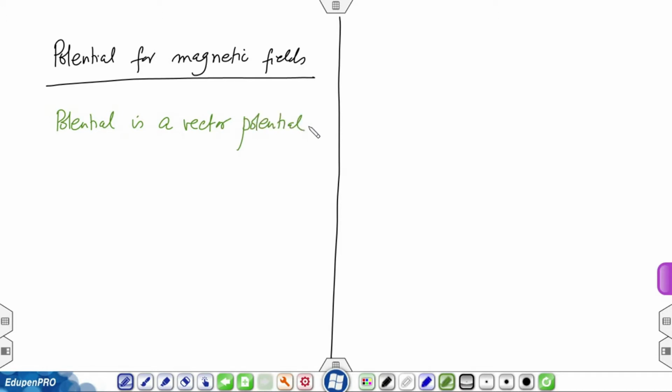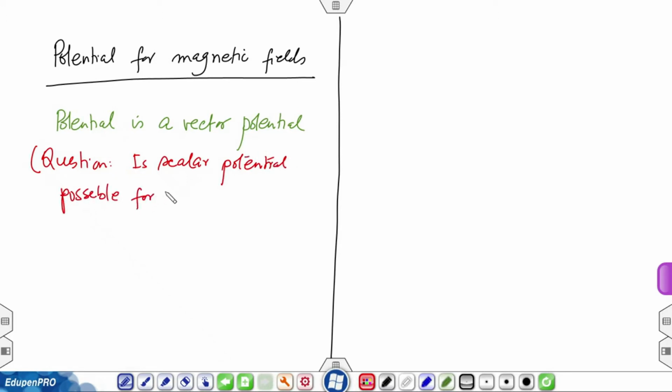We will still leave the question open: is a scalar potential possible for magnetic fields also? I am leaving this question open right now, but vector potential we can certainly work with, and for this I am going to make use of Helmholtz's theorem.